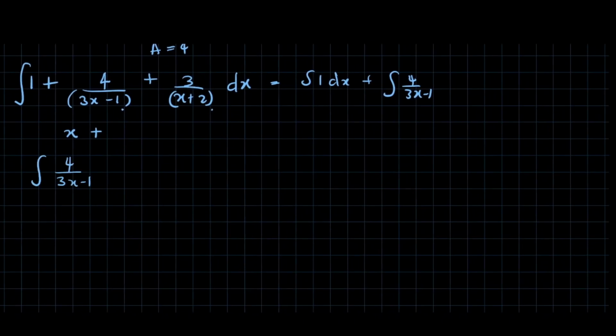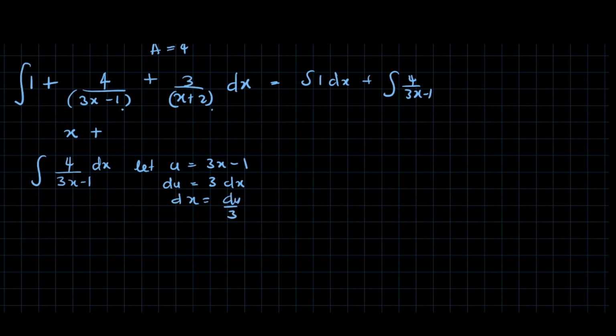You're going to use substitution. Once you see a function in a function, just use the substitution method in integration. The first function is 3x minus 1, and then the second function is a reciprocal, so 4 over the function. Let u equal 3x minus 1, du is going to be equal to 3 dx, so dx is going to be equal to du over 3.